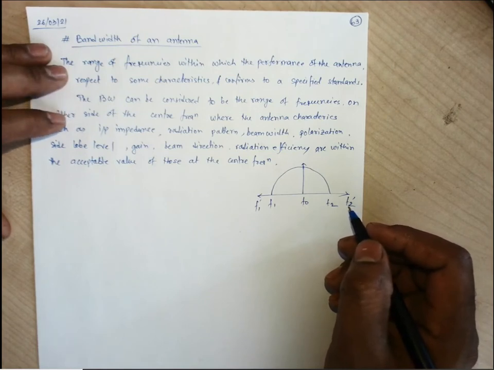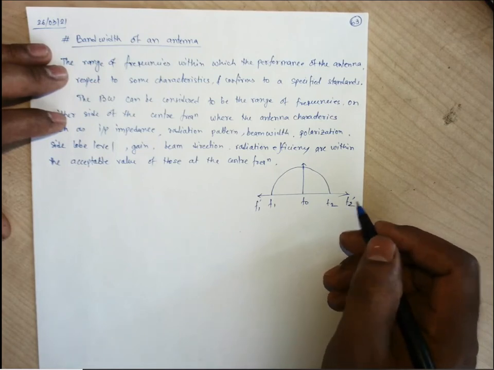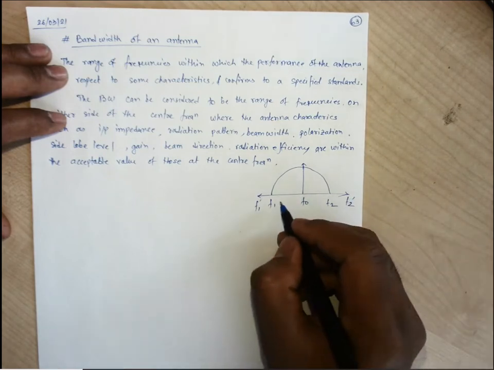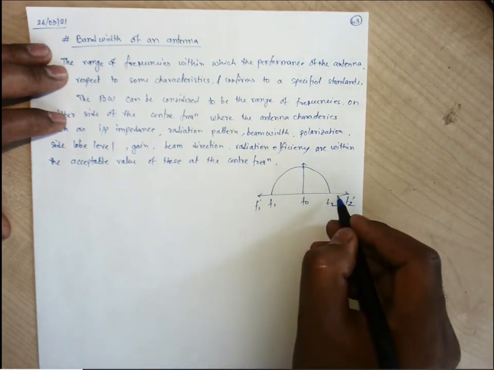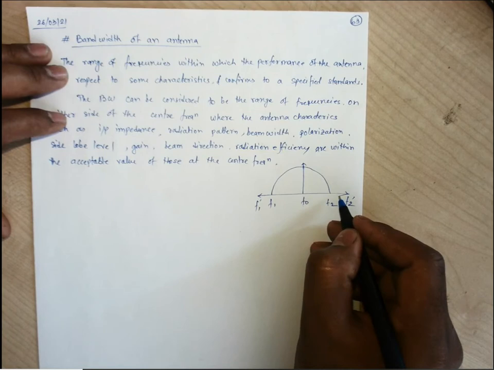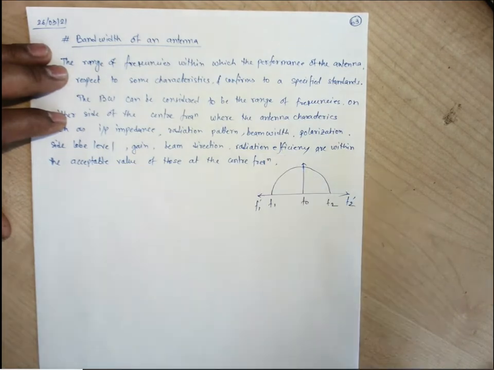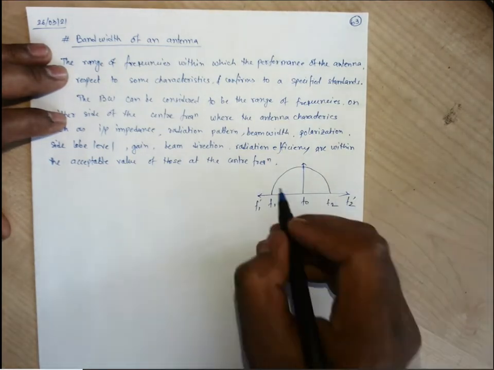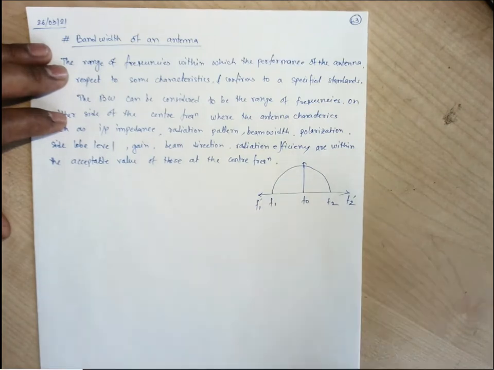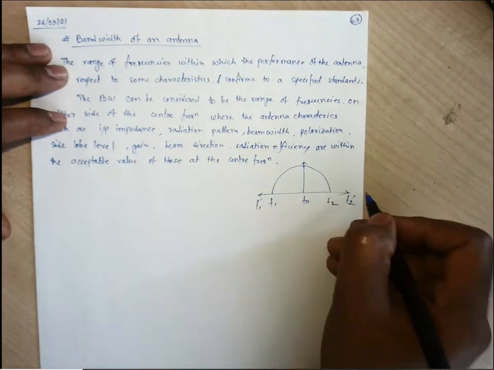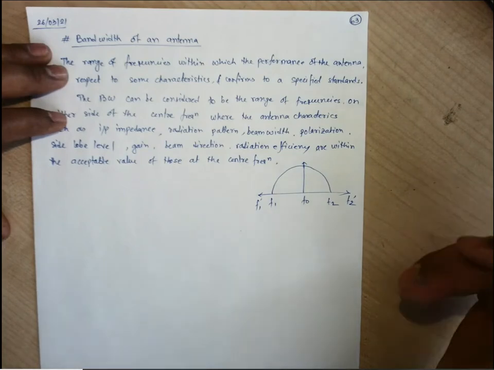Let us consider if the gain is 0.5, then our purpose is served. So from f1 to f2 we can have the gain from 0.5 up to the peak value. But beyond f1 on the left-hand side and f2 on the right-hand side, it falls below 0.5.